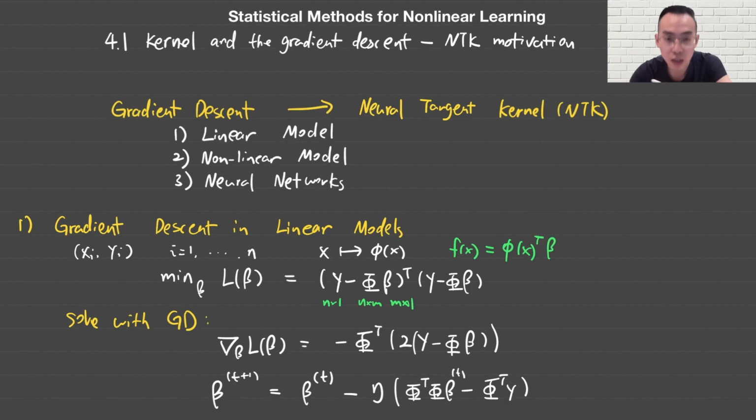In order to see how the kernel trick pops up, let's multiply both sides by the phi matrix. The kernel matrix K equals phi phi transpose.